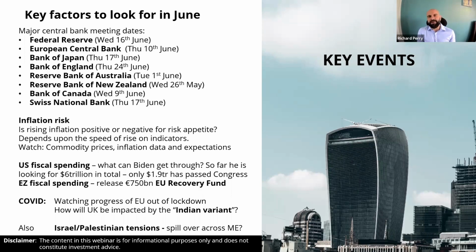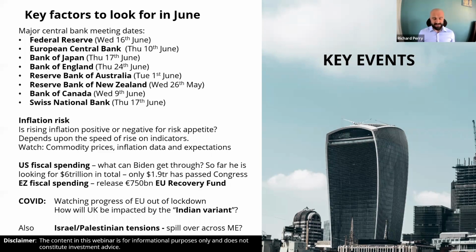Kicking into it, looking generally at markets, we always have interesting months when all the central banks are reporting, and June is going to be another interesting one, where all 8 major central banks give monetary policy updates this month.